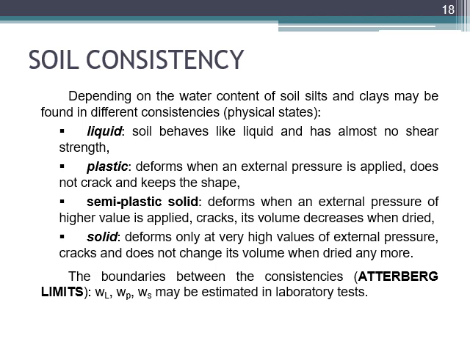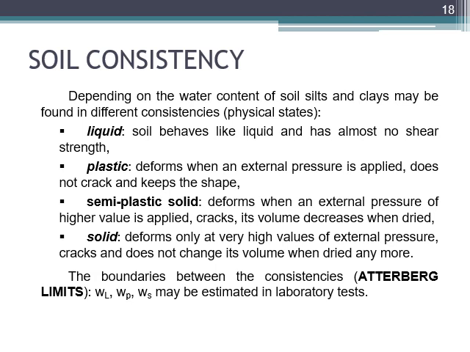The semi-plastic solid consistency means that the soil deforms when an external pressure of higher value is applied, it cracks, and its volume decreases when dried. And the last, solid consistency, means that the soil deforms only at very high values of external pressure, it cracks and does not change its volume when dried anymore.